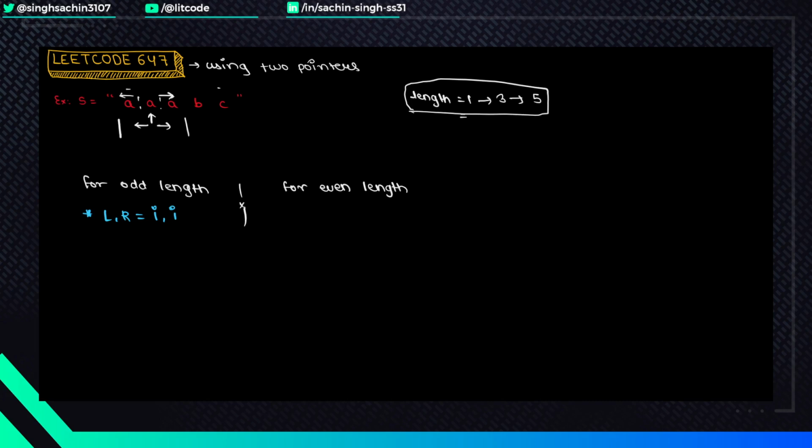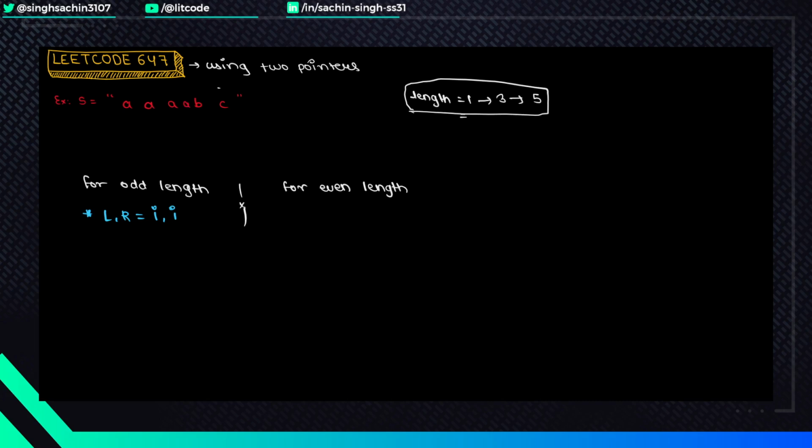For even length, as we said, the only thing which will change is the initial length which we are going to use. For odd lengths, we pointed both our pointers to the same index. But for even lengths, let's add one more A over here so it will be more clear.